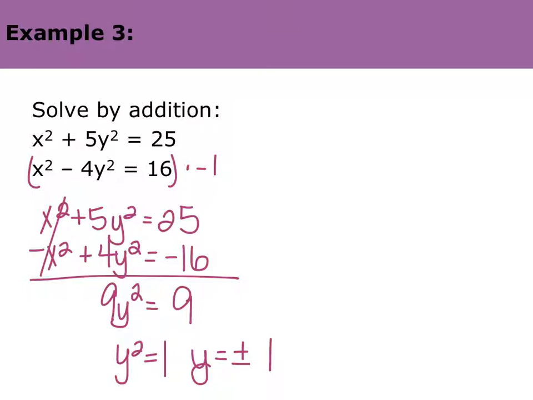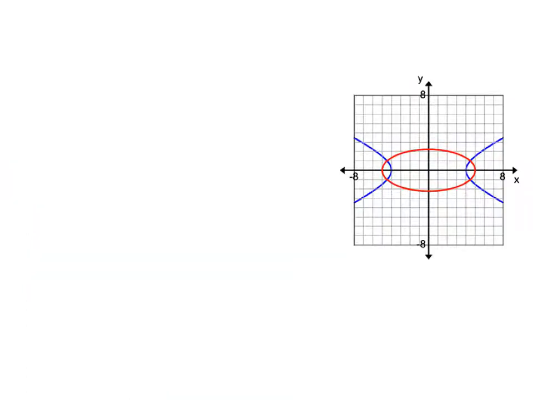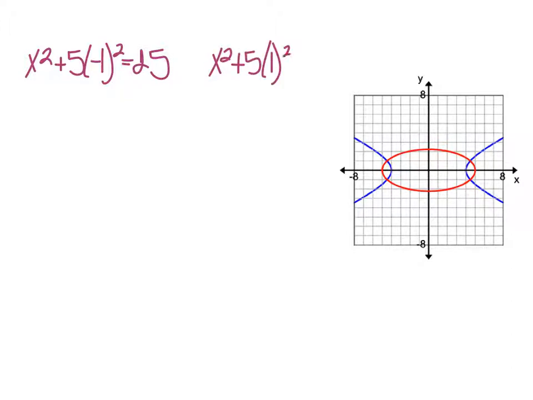Okay, so if we use y equals negative 1 and positive 1 in our equation, I'm just going to use the first one, so x squared plus 5 times negative 1 squared equals 25. And then we're going to go over here and say x squared plus 5 times positive 1 squared equals 25.